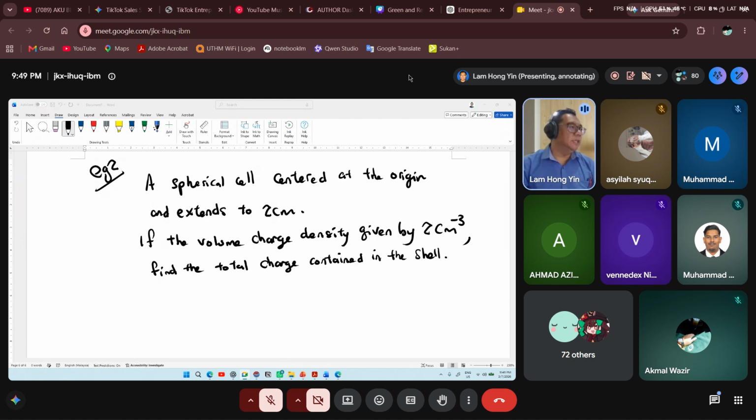If you read the question properly over here: a spherical shell centered at the origin and extended to 2 centimeter. If the volume charge density is given by 2 centimeter cube, find the total charge contained in the shell.